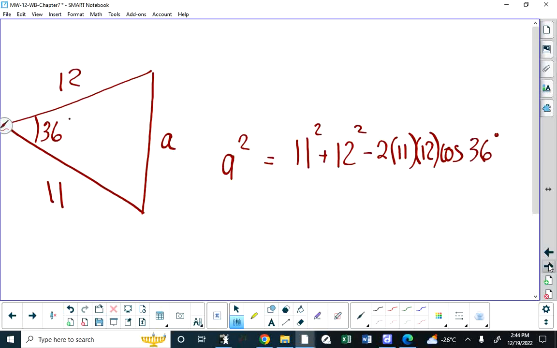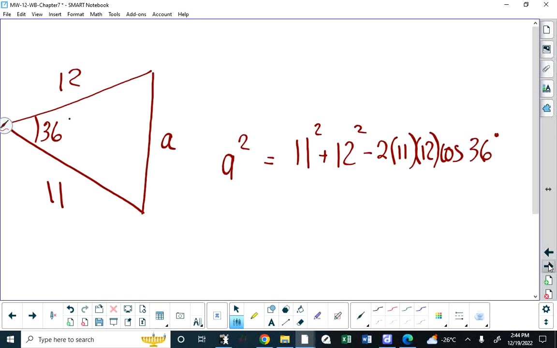Now listen very carefully. I want to really try to make this as simple as possible. Would you agree that 11 squared is just some number? I don't care what it is. Would you agree 12 squared is a number? Would you agree that cosine of 36 is a number? And that must mean 2 times 11 times 12 times cosine of 36 is a number.